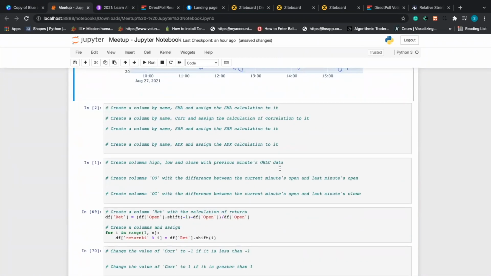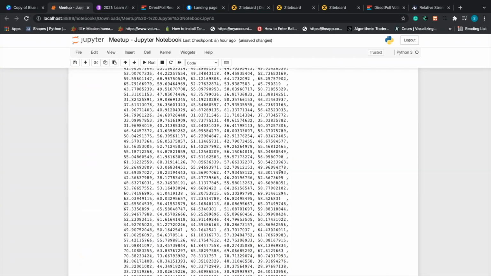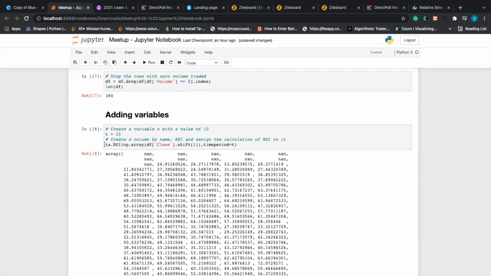Okay, now we got our RSI, and we are going to store all these values within a new column. As you can see, the first 10 values show a missing value, which makes sense, because if you don't have 10 values, you can't calculate the RSI, since you are calculating from 1 to 10.